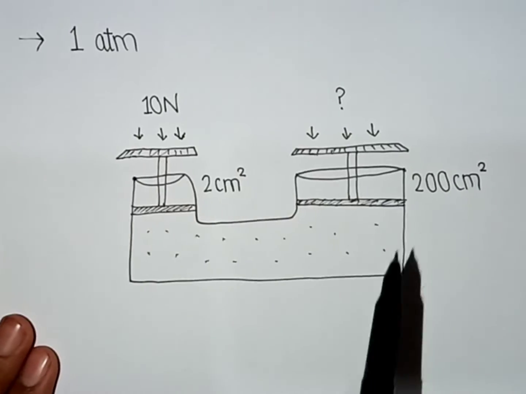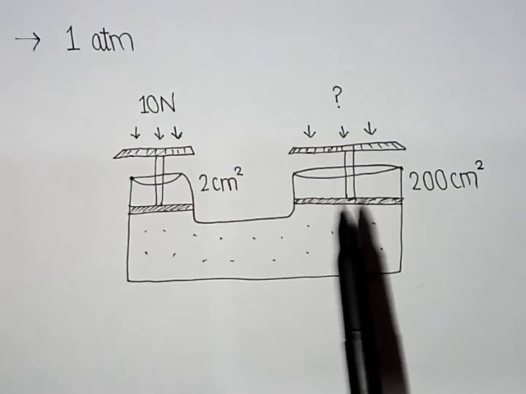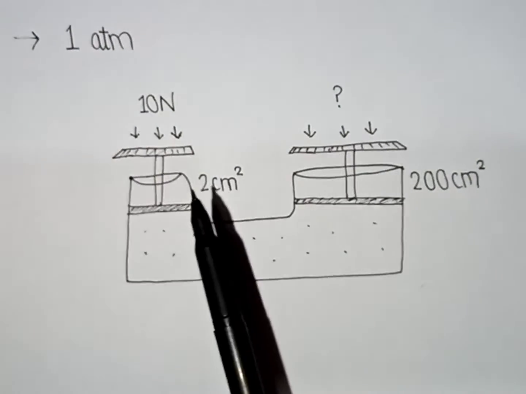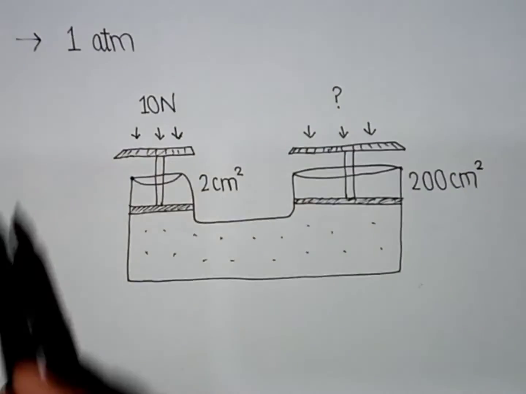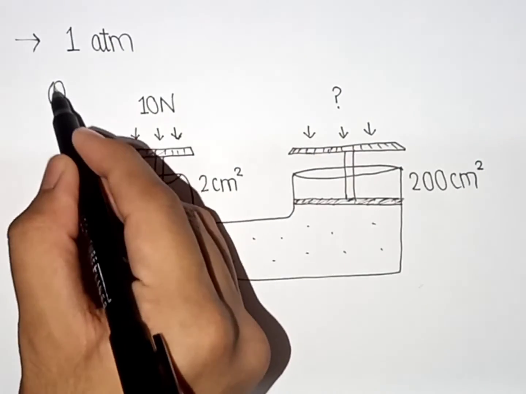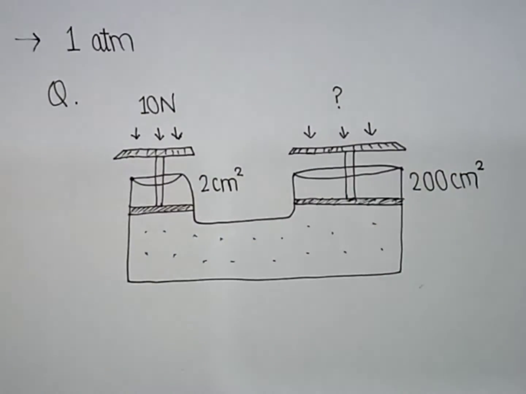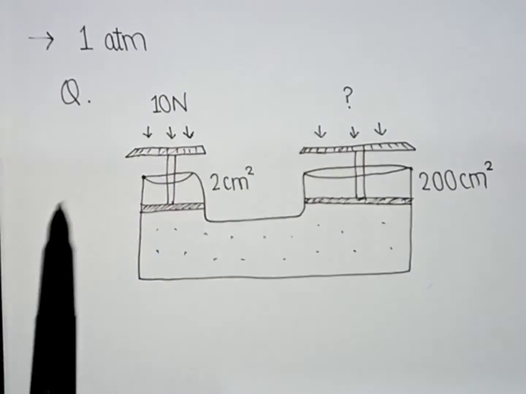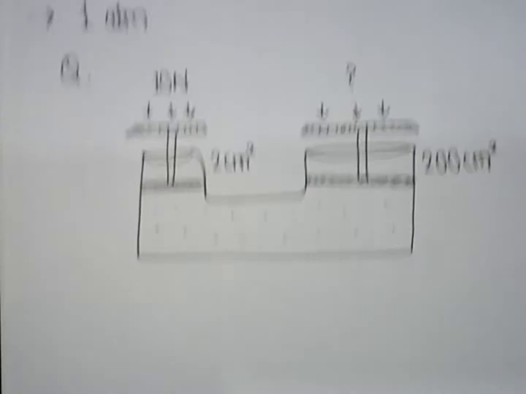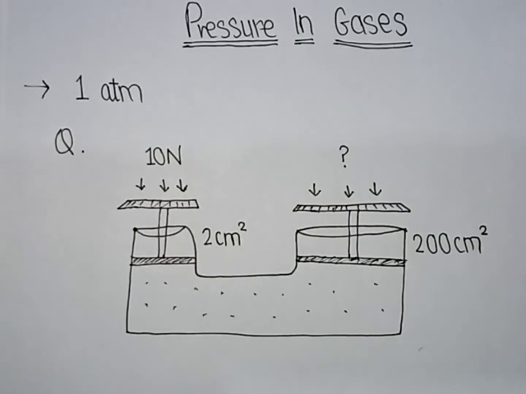Now you need to remember how we find the value. We can consider this as the question, and we need to find the pressure in gas. So how can we find it?